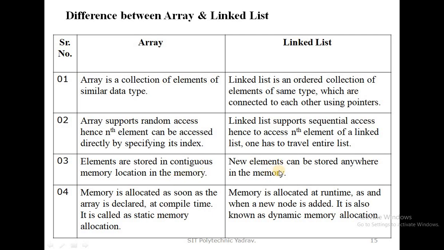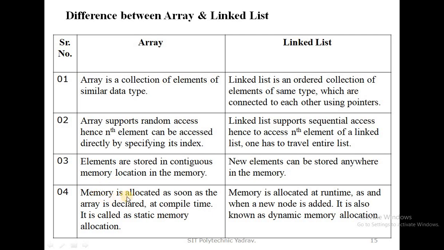But in a linked list, elements are stored anywhere in memory, and their addresses are stored in the previous element, so they are connected with each other, creating a linear relationship.